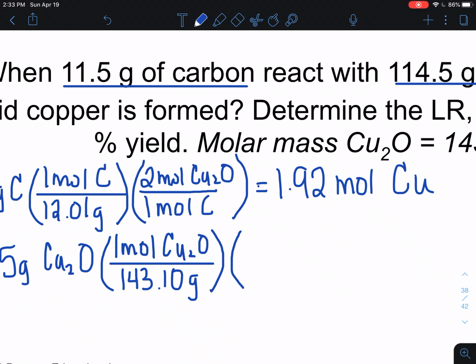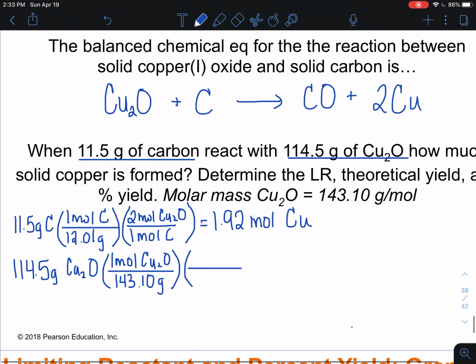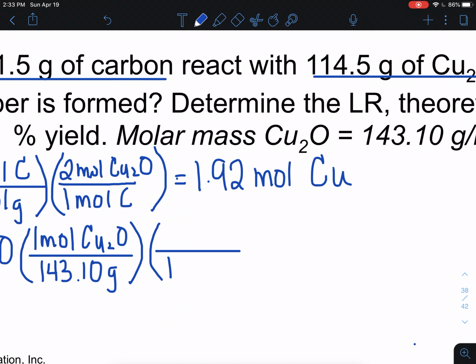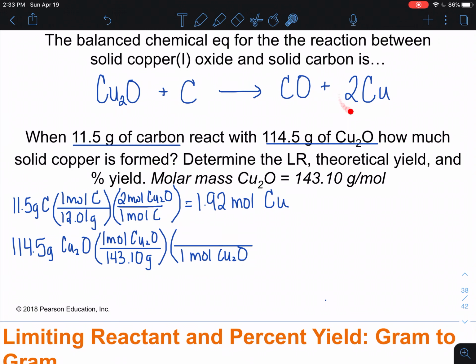And now that we're in moles, we can use the coefficients from the balanced chemical reaction, which for every 1 mole of copper oxide, we get out 2 moles of solid copper.